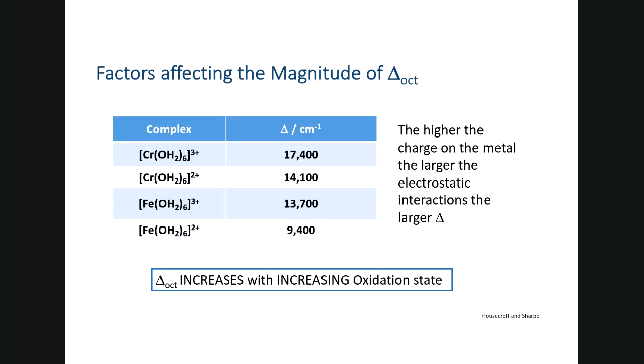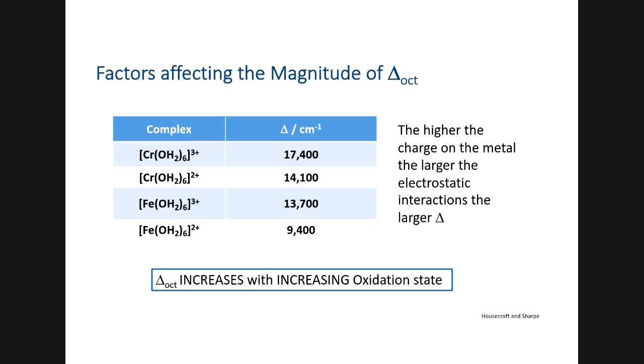So, factors affecting the magnitude of delta octahedral. Now if I were to look at some complexes, here we have chromium hexaaqua and another chromium hexaaqua species, and one is the +3 oxidation state and one is the +2 oxidation state. If I look at how big delta O is, and the bigger the number is, the bigger that gap is, right?